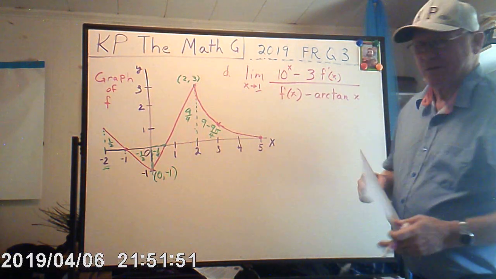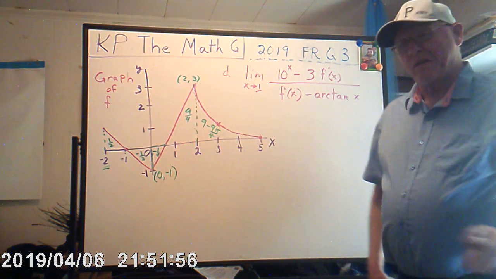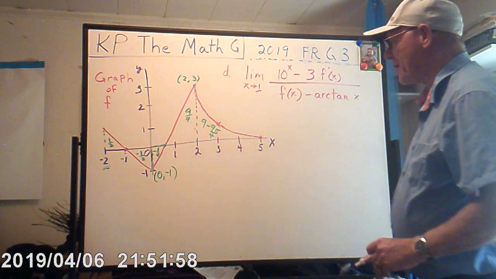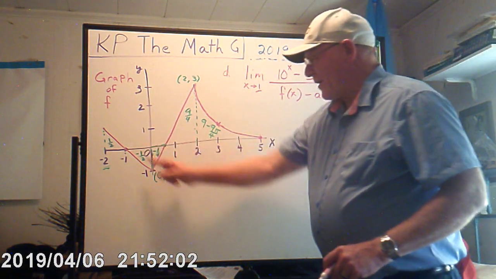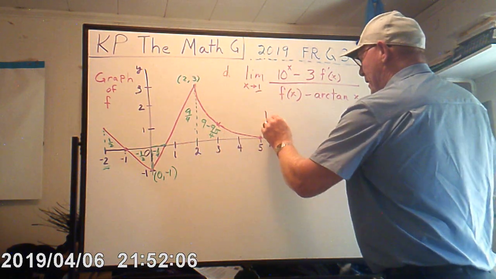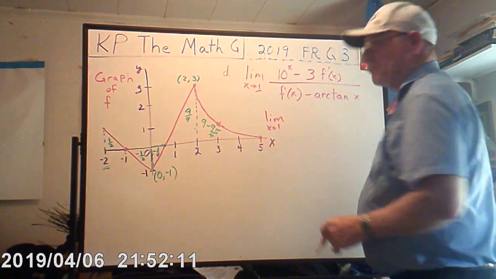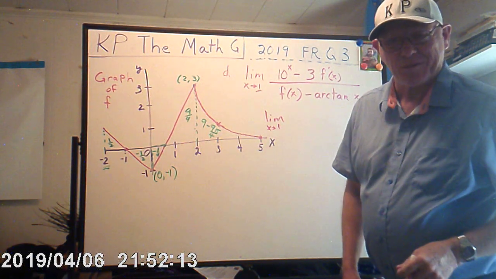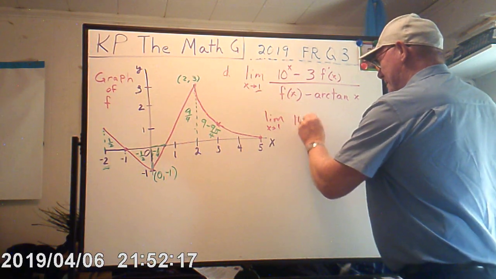And what we have to do with this is make sure that our denominator is not 0. This is the graph of f. I'd like to try to just see if I could plug the 1 in right off the bat. Just to give you a little hint, it does work. So 10 to the 1. That's not so bad.